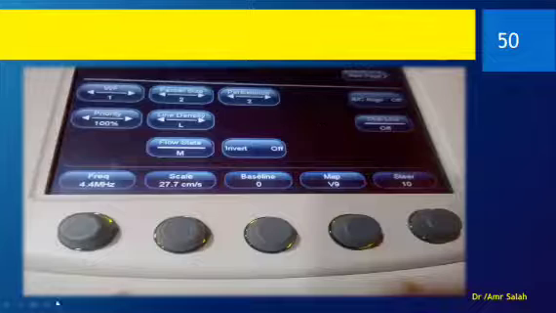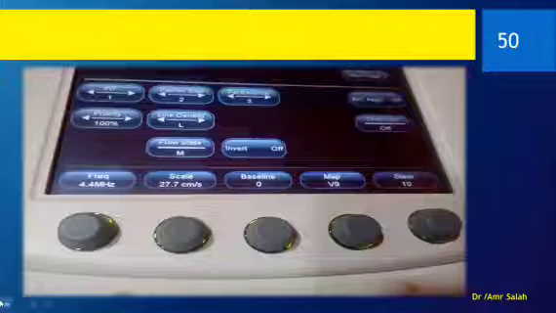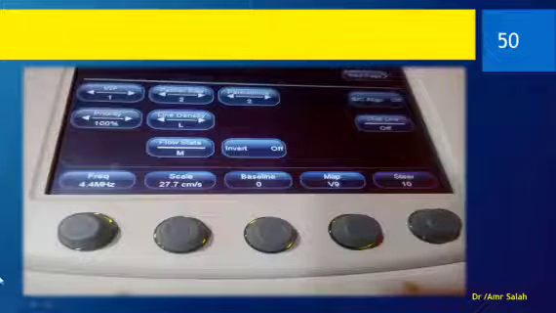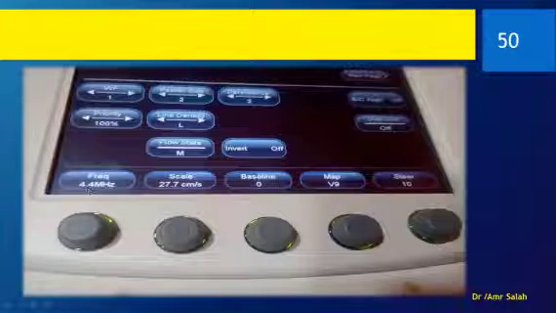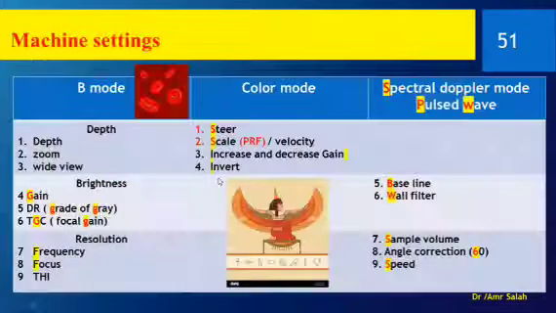Here we have the frequency, the scale, many functions that we're going to discuss later after explaining them.